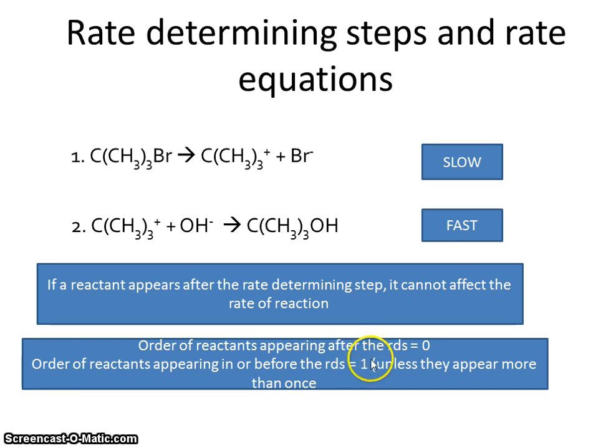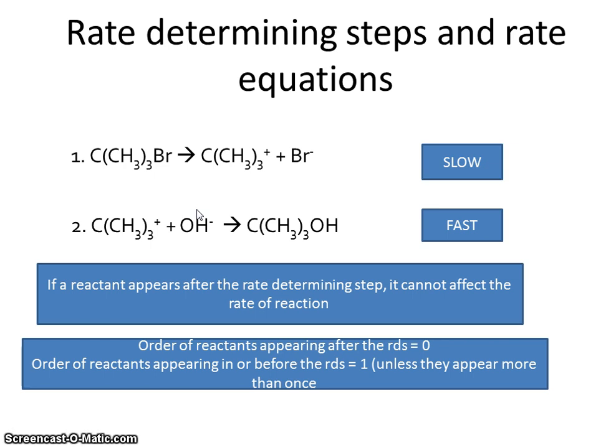Having said that, there are some mechanisms in which you'll find that reactants appear more than once before or in the rate determining step, and that can have a slightly different effect, as we'll see. So, see if you can therefore use that information to suggest what the likely rate equation will be for this reaction. It will involve a halogenoalkane and hydroxide as the two possible reactants.